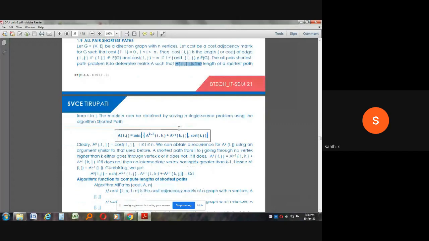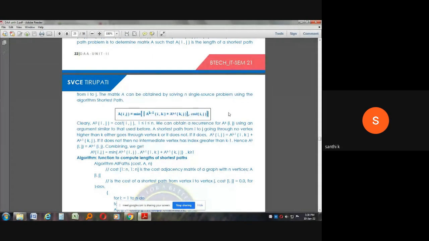So the final matrix will give you the shortest path between every pair of vertices. Here A of i, j is the length of the shortest path between vertex i and vertex j. So first we are going to have the matrix with these values.